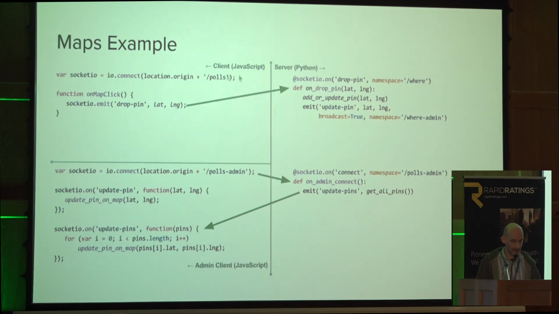Right, so these should be matching. So this is going to send to this one, but then I want this one, which handles the regular user namespace, to send to all the admins and update only that one pin. So it sends the broadcast to all the admins and overrides the default, which is to reply to the same namespace, by setting a new namespace.